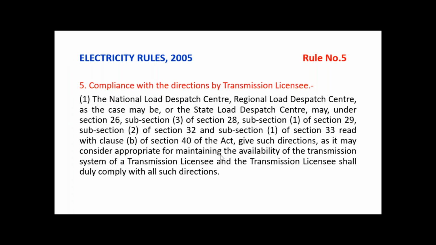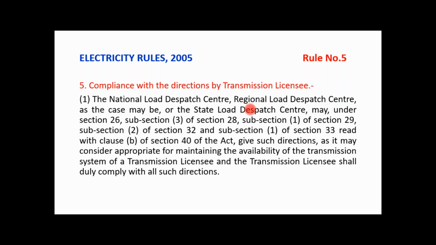Then rule number 5 is related to the compliance with the directions by transmission lines. So we have already discussed these things in the Electricity Act 2003, that is National Load Dispatch Center or Regional Load Dispatch Center or State Load Dispatch Center may be there for dispatching, for transmitting this electricity to a particular location.